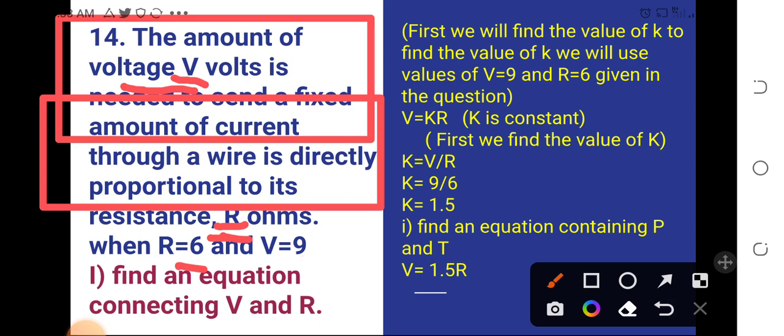Then the first part is: find an equation connecting V and R, where V is voltage and R is resistance, and their values are resistance R is equal to 6 and voltage V is equal to 9. So we will do the same thing.